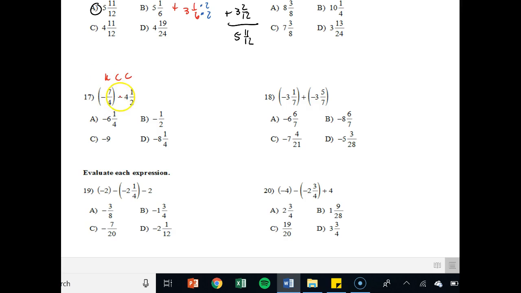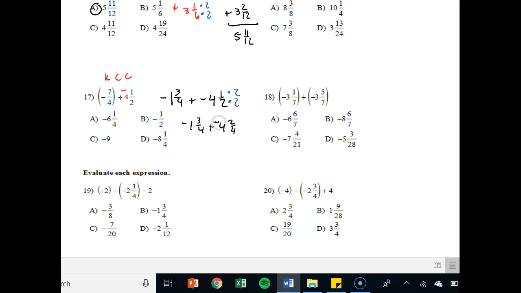And number 17, again, subtraction, so I need to use KCC, keep, change, change. That becomes negative 7/4 plus negative 4 1/2. You might want to change 7/4 into a mixed number. Really, that is a negative 1 3/4 plus a negative 4 1/2. And then you might want to change the 4 1/2 to fourths, right? So multiply by 2. So that becomes a negative 1 3/4 plus a negative 4 2/4.